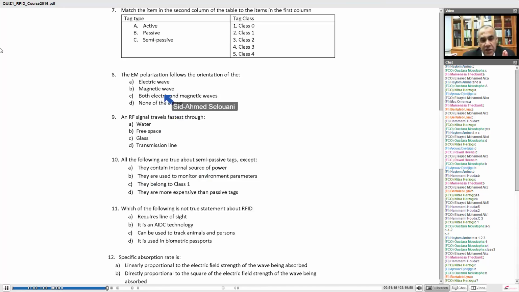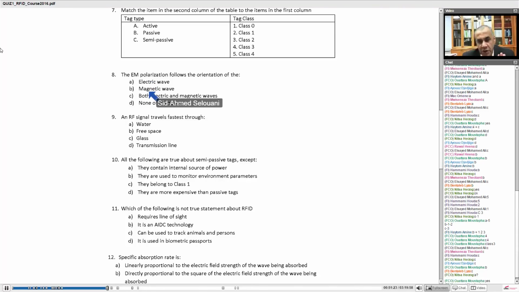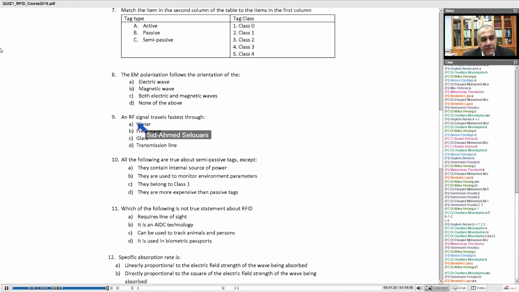The reference is the electric field. So here it is A. Is it okay with you guys?